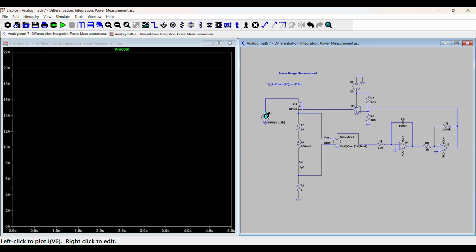If the frequency of the signal is too low, which means it's too close to a DC signal, the capacitor will block it, so the current will be small. And if the frequency is very, very high, the inductor will block it, so the current will be very low again.